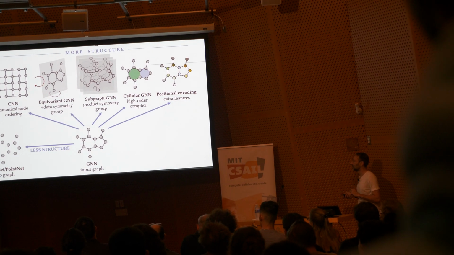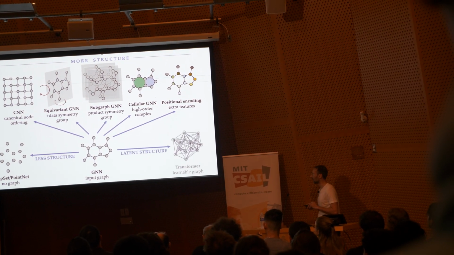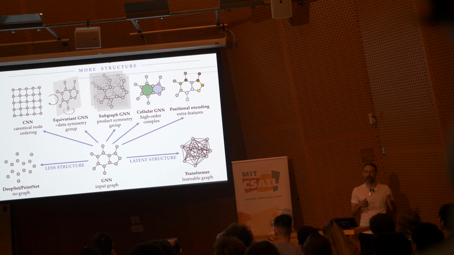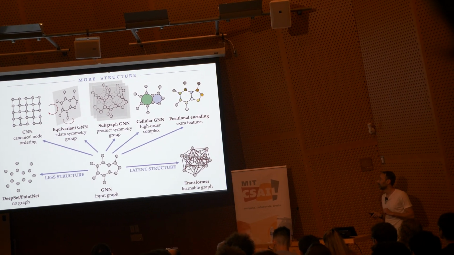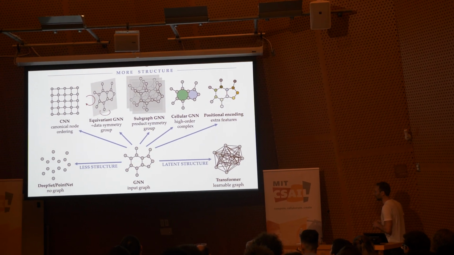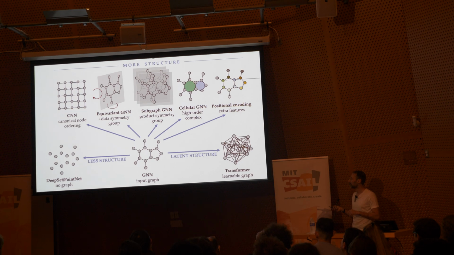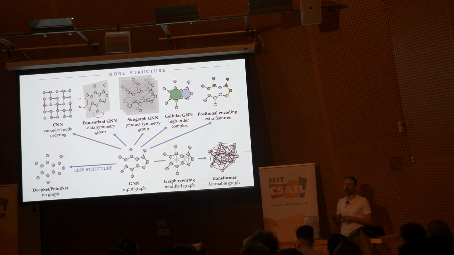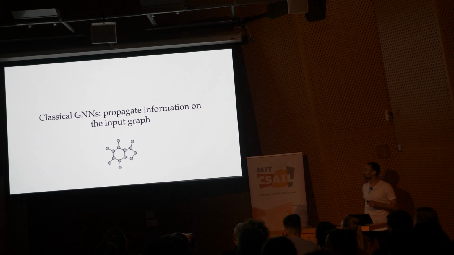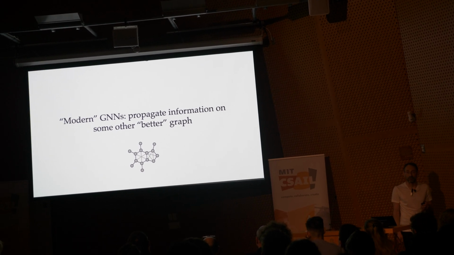Or the other extremity is to allow any pair of nodes to interact. And in this case, we have a complete graph, and this is how transformers operate, right? So any two nodes can communicate, and usually the structure of the graph is learned based on the downstream task using attention. So graph rewiring sits somewhere in the middle. So we want basically to do message passing on a better graph, in some sense, rather than on the input graph.